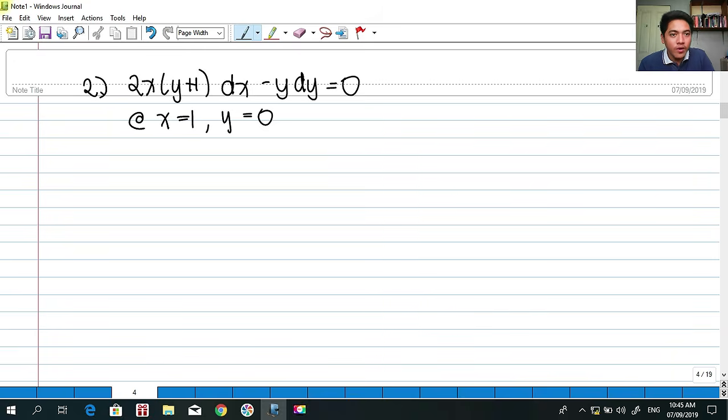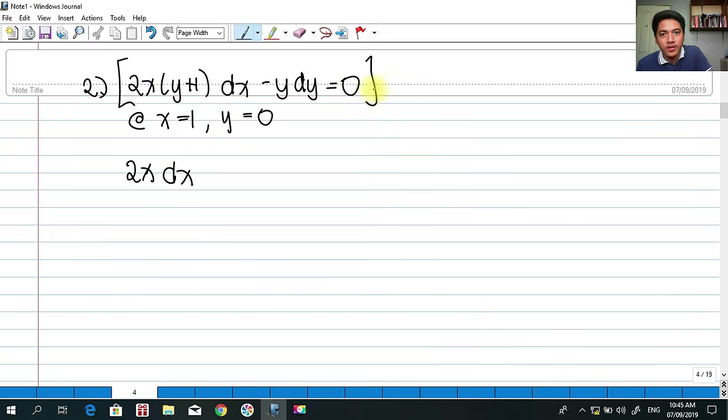First things first, we need to separate the terms and group them into dx and dy. If I divide both sides of the equation by y + 1, then this would be cancelled, and this would be 2x dx.